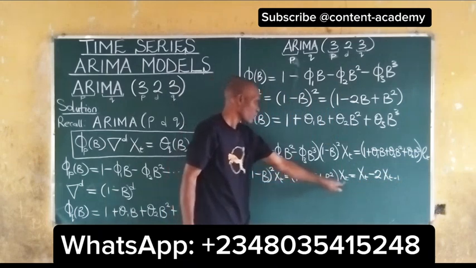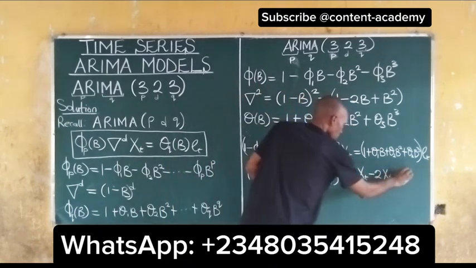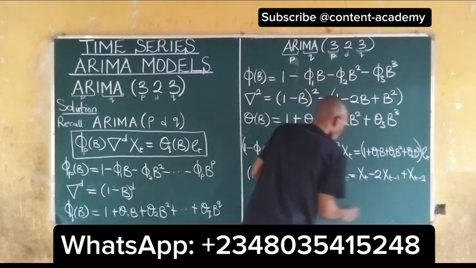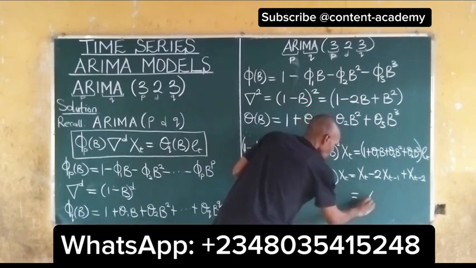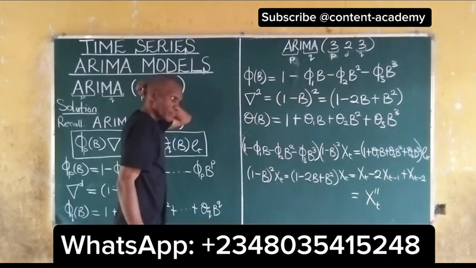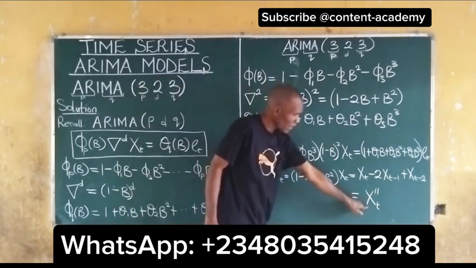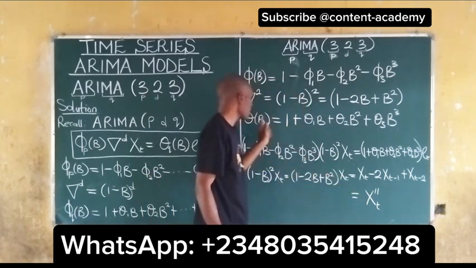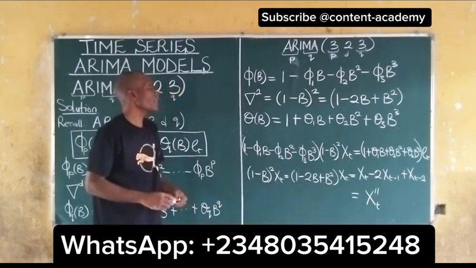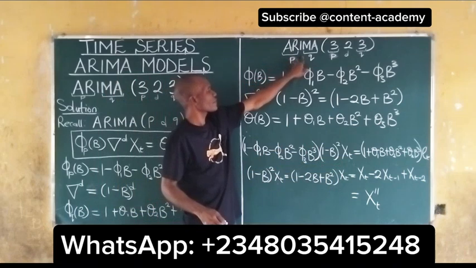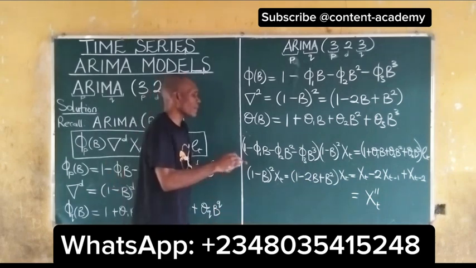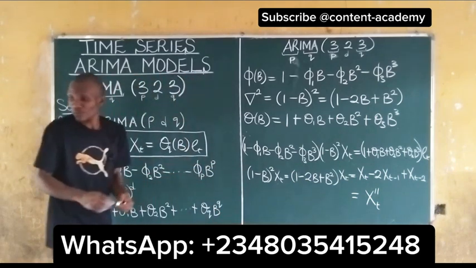Because of the backward shift, we are using this to multiply this, plus Xt minus 2, which is also equal to Xt double prime. So it is this value we use in writing out our model. So it then means that for the model for ARIMA 323, we move over to this other side of the board to write it out.